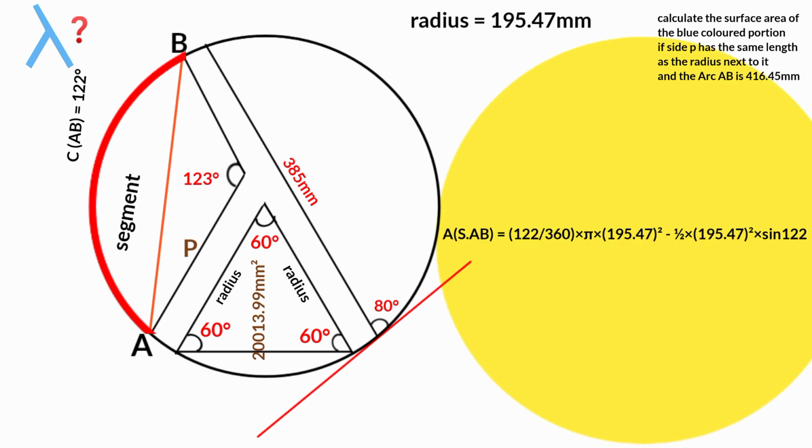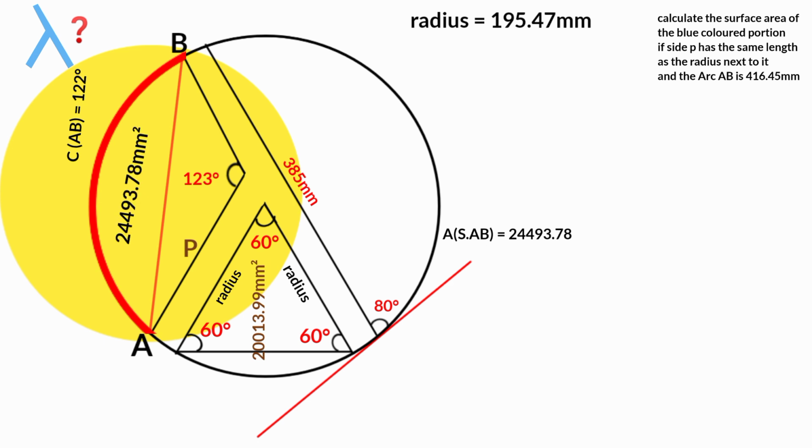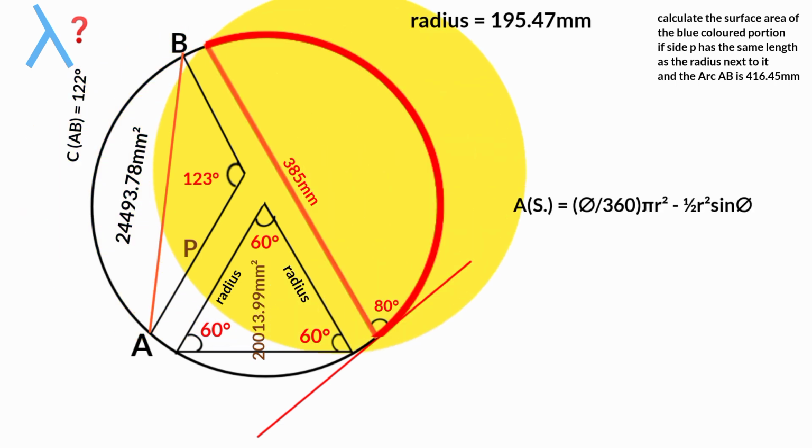So area of segment AB equals 122 over 360 times pi times 195.47 all squared minus 1 over 2 times 195.47 squared sine 122 degrees. If you press the calculator, it will be 24,493.78. So area of segment AB is equal to 24,493.78 millimeters squared.